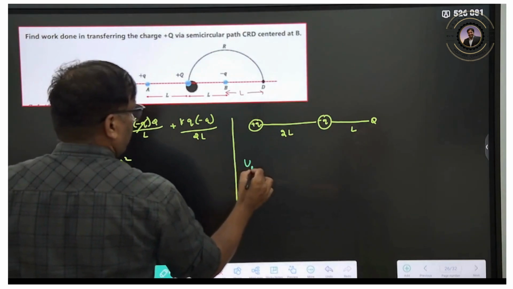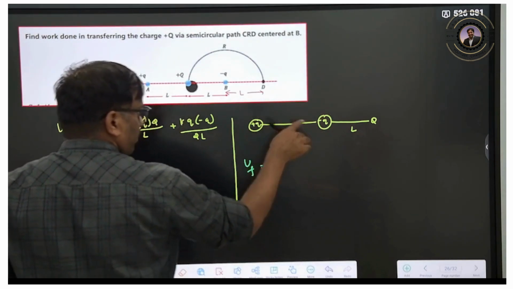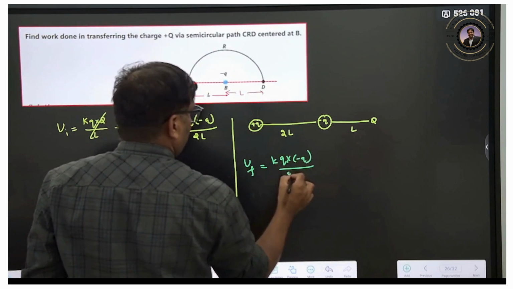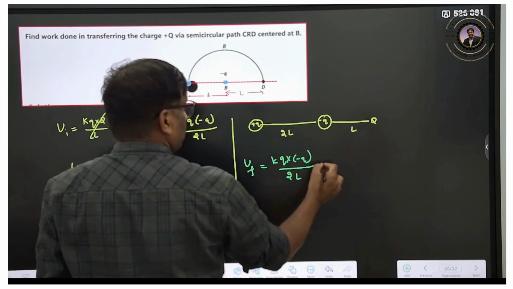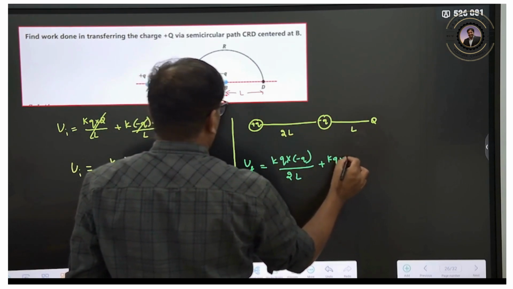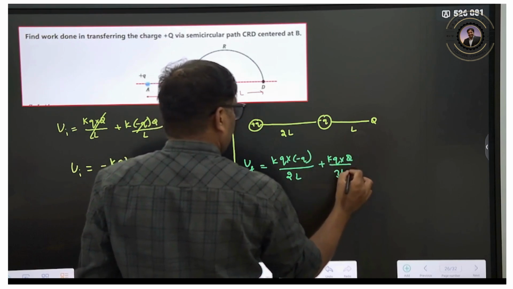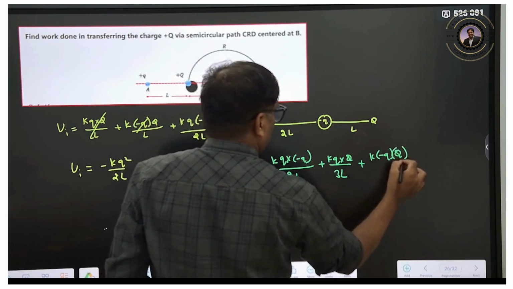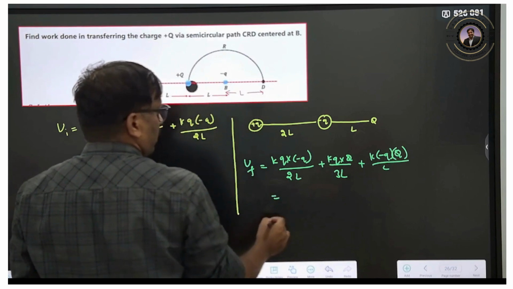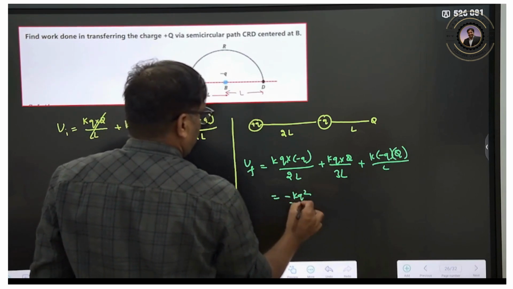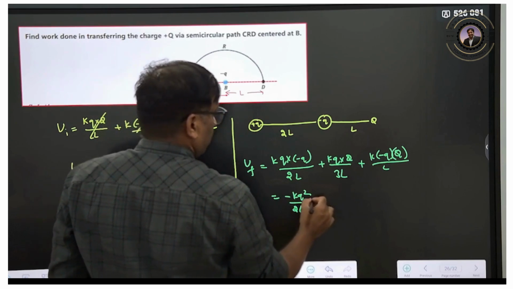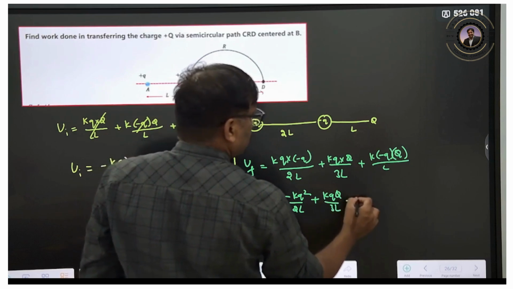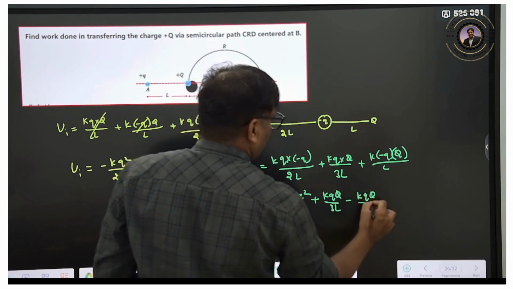So again between these two, k into Q into minus q by 2L, between these two plus k into Q by 3L, between these two k into minus q into Q by L. How much will it be now? Minus kQq by 2L plus kQq by 3L minus kQq by L.